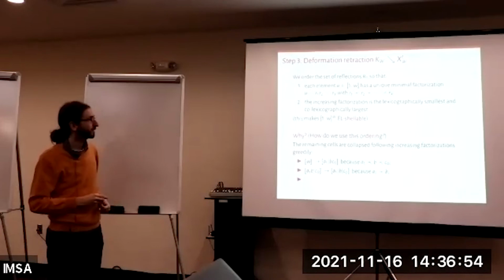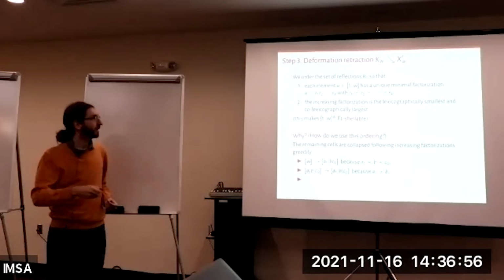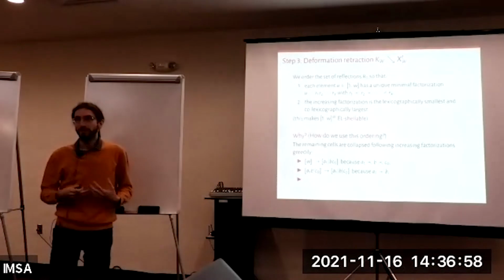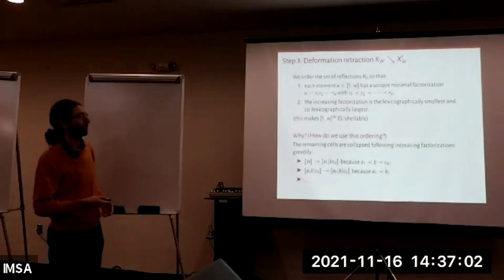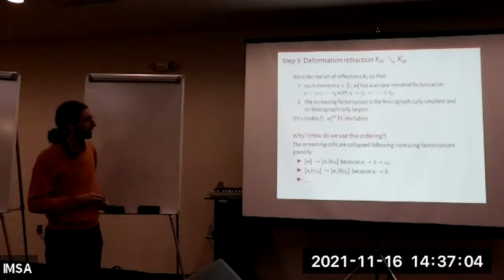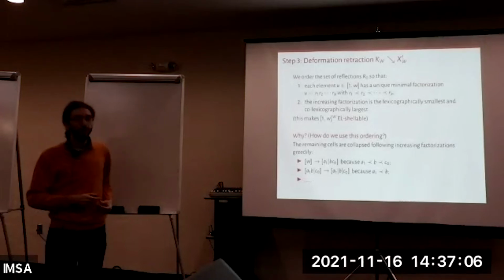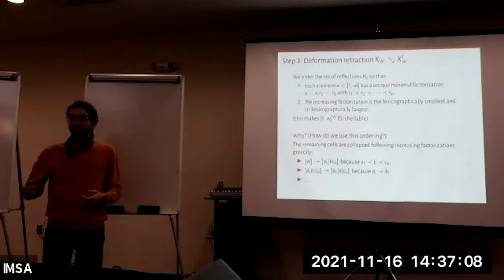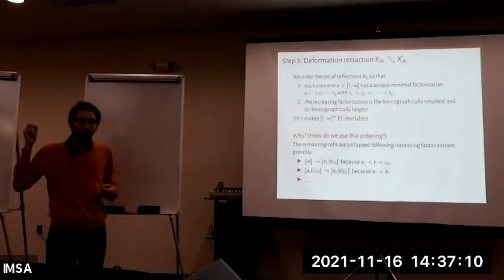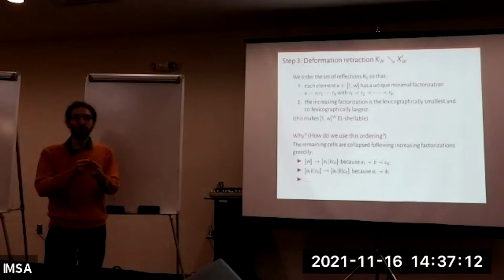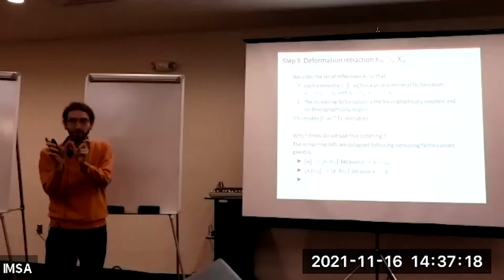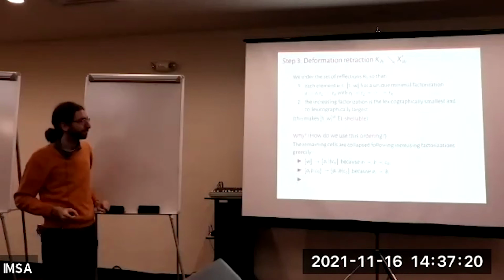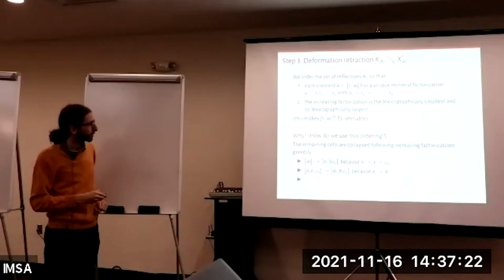And this increasing factorization is the lexicographically smallest one and also the co-lexicographically largest, which means that you can build it in a greedy way by picking the smallest reflection that you can use, and then the smallest reflection that you can use for whatever remains, and so on.